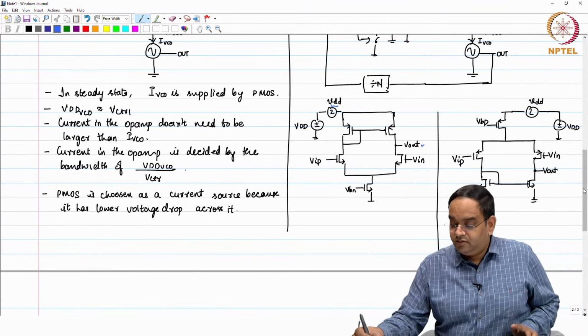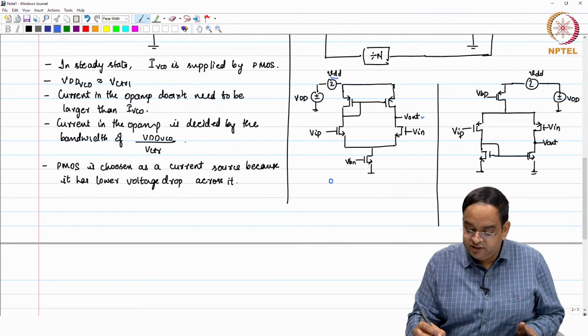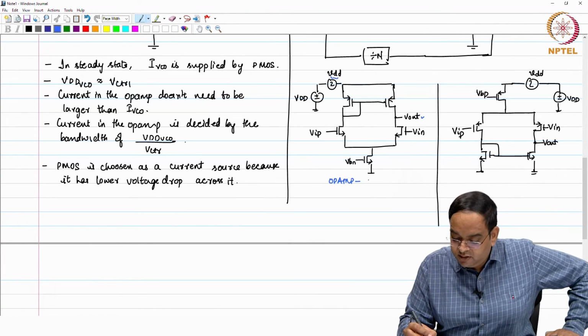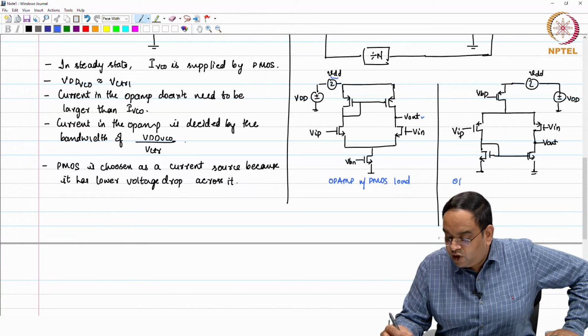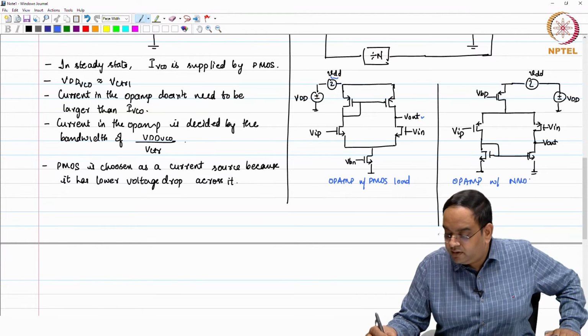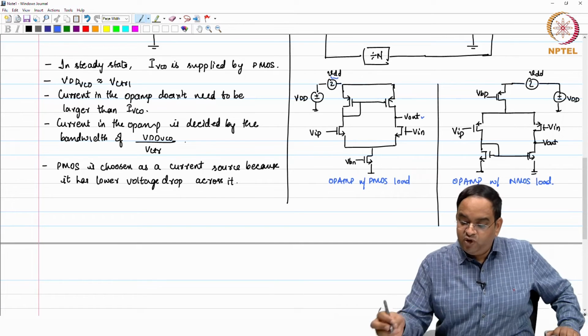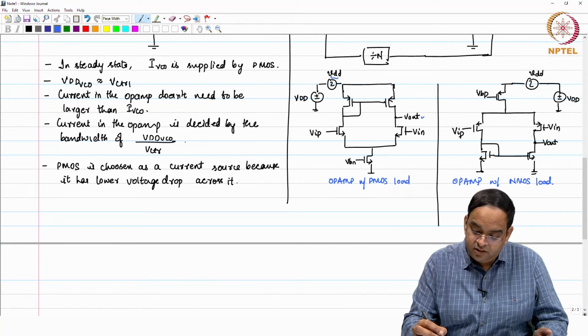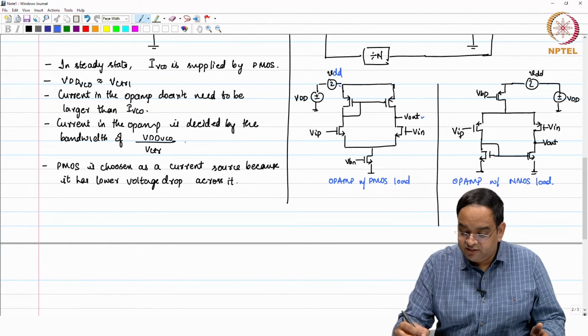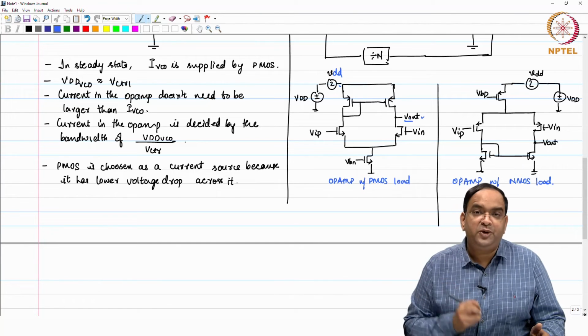So, let us call this op amp with the Pmos load, and the other one is op amp with Nmos load. In both these cases, if you have noise VDD for this op amp, then that particular noise comes at the output.